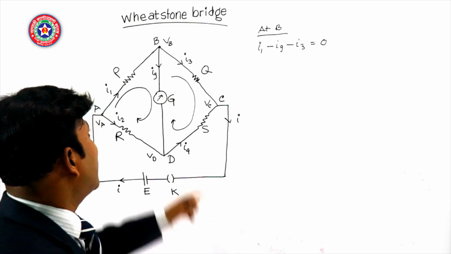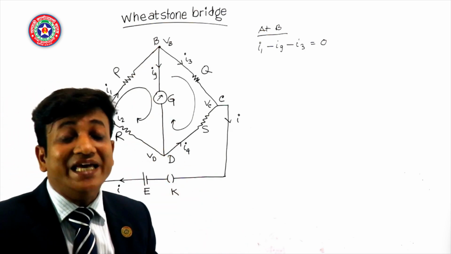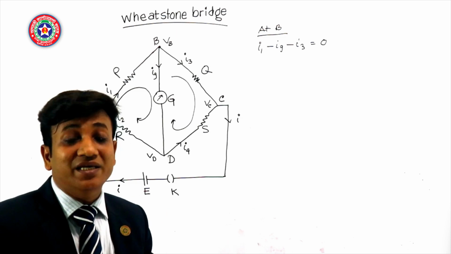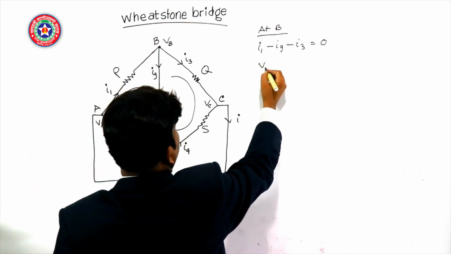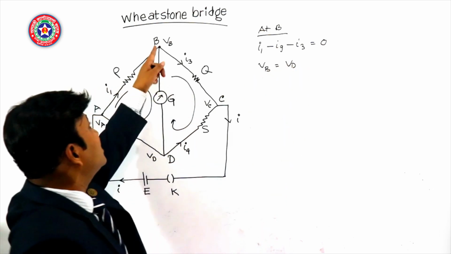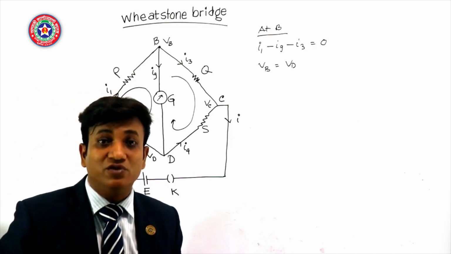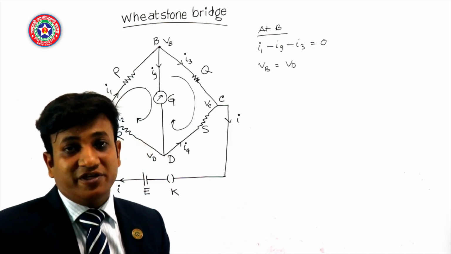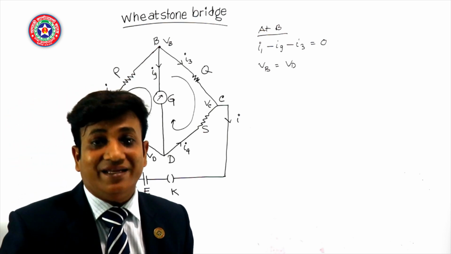When the potential at point B and at point D are the same, then the bridge will be in balance. When the potential at point B, that is VB, equals VD, then the potential difference between B and D will be 0. And we know if the potential difference is 0, then no current will flow through the line.